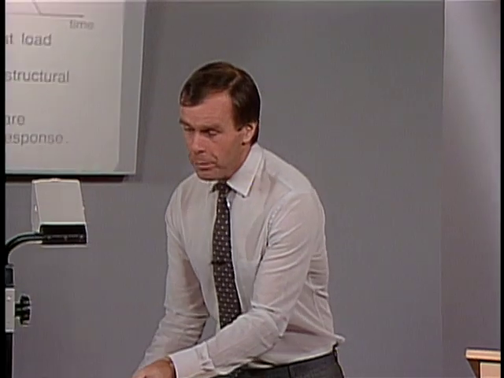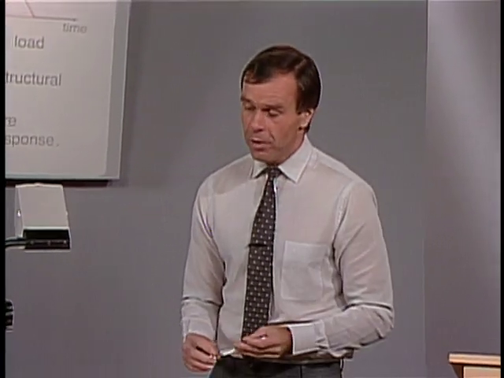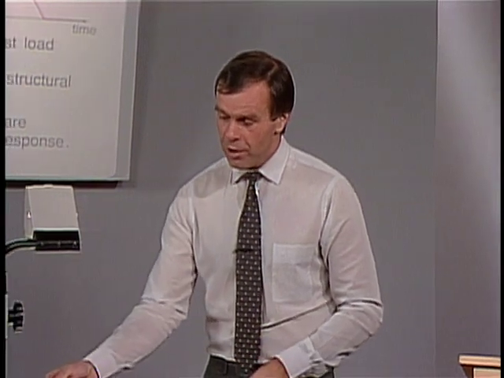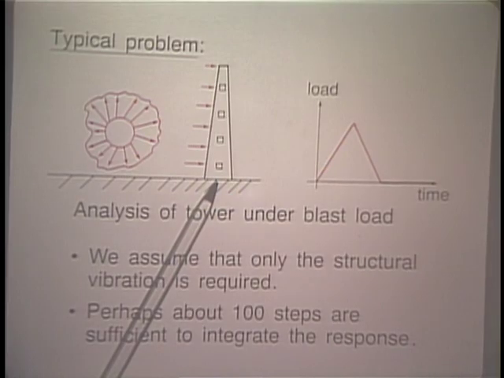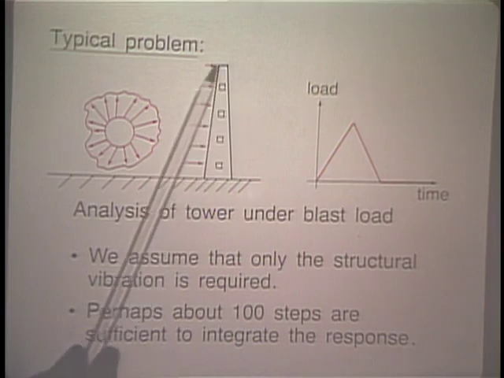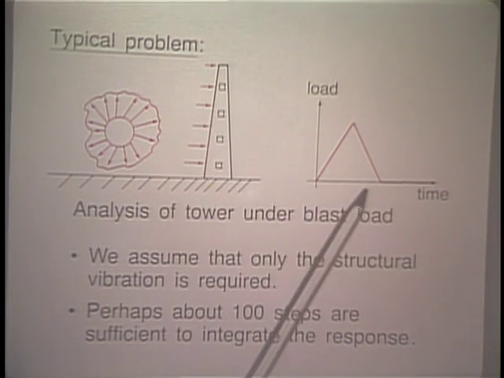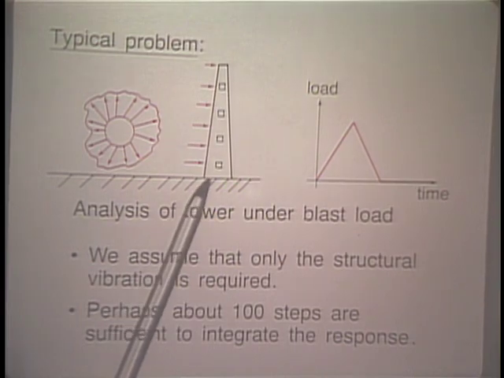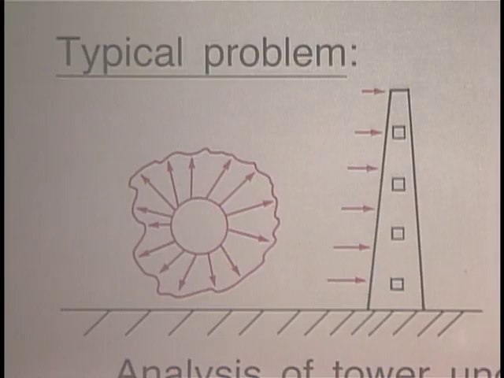A typical problem that one might like to solve using this implicit time integration scheme is schematically shown here. We have a tower that is subjected to a blast loading, as shown here schematically, and we assume that only the structural vibrations of this tower are required to be solved.